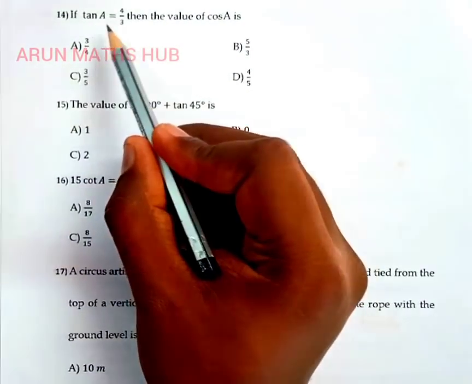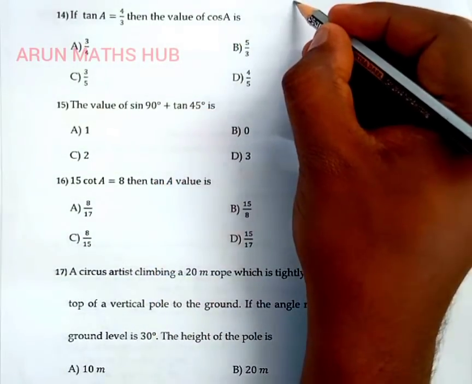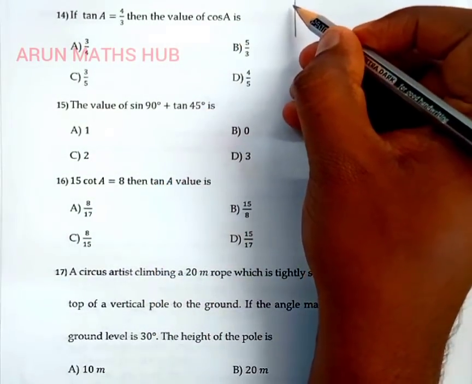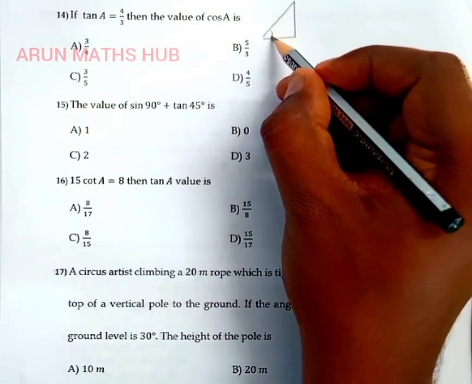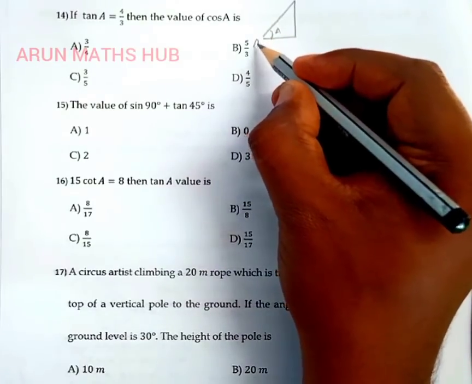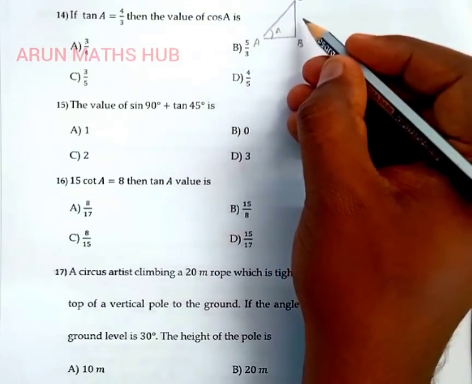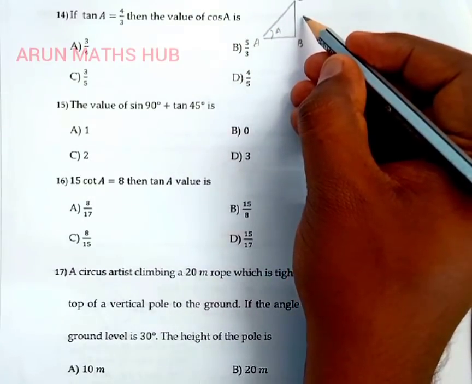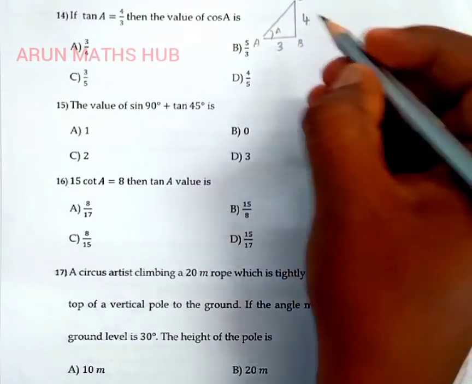Now question number 14. If tan A equals 4 divided by 3, then the value of cos A will be equal to. Now draw a right angle triangle with respect to angle A. Opposite side is BC and adjacent is AB. Tan A equals opposite by adjacent, therefore 4 divided by 3, where AB is the adjacent.